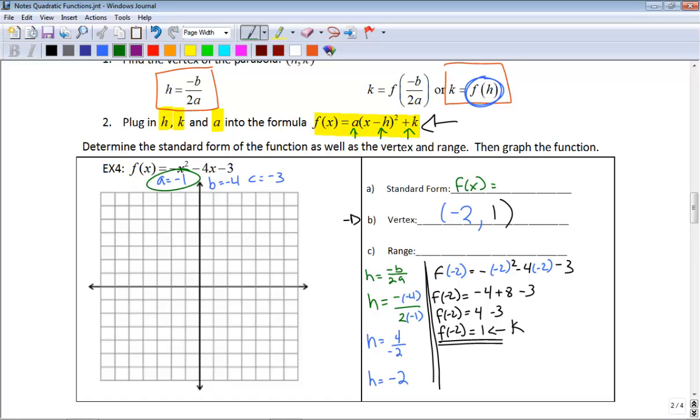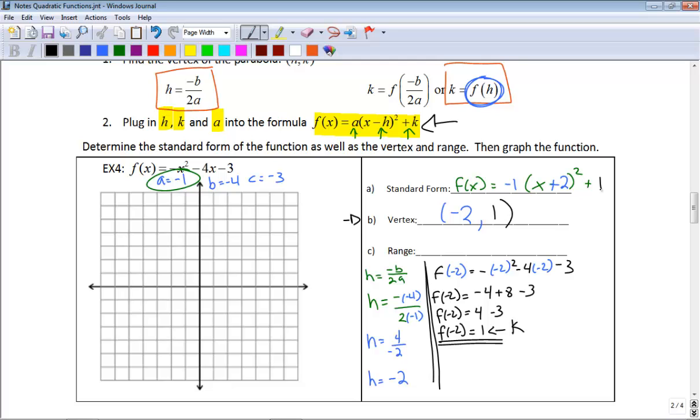So we're going to say negative 1 and then open our parentheses. Then x minus, well, minus h. h happens to be negative 2. Minus and minus is plus, so we'd have plus 2, quantity squared, and then plus k. Well, k was 1. So the standard form for our quadratic is f of x is equal to negative 1 times x plus 2 squared plus 1.